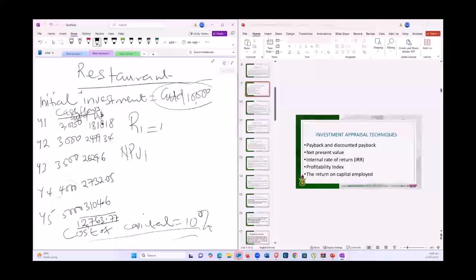So that net present value under the internal rate of return, label it as NPV1. And that is 276.77. Do you have it? Yes.